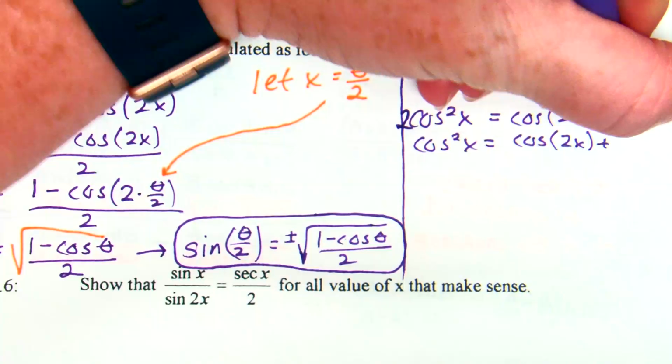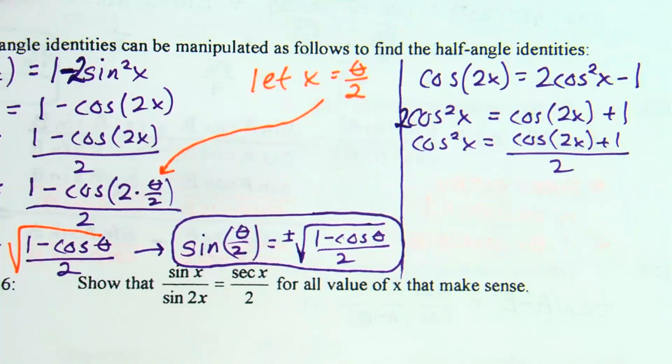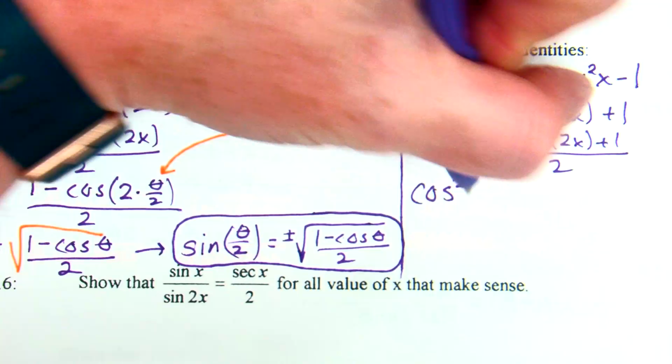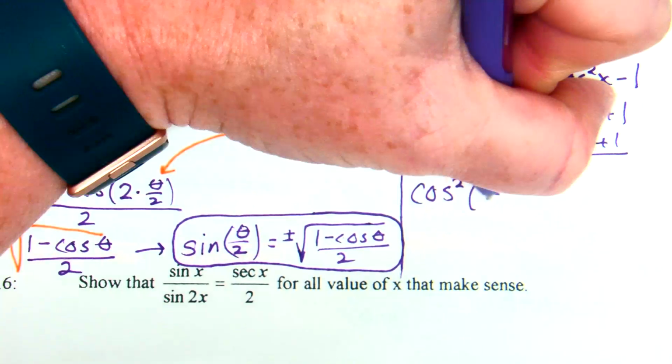And if you look, this is the spot where last time, what did I do? Every time you see an x, we're going to replace it with theta over 2. So instead of cosine squared x, I'm going to see cosine squared theta over 2 equals, instead of cosine 2x, cosine of 2 times theta over 2 plus 1, all divided by 2.